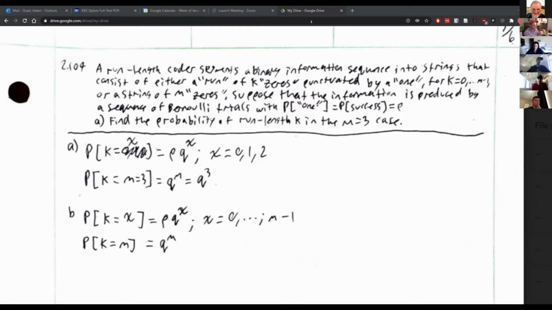So for a string of 0s and 1s, it's the probability of a success and a failure, I think. So it still lines up with the Bernoulli trials.